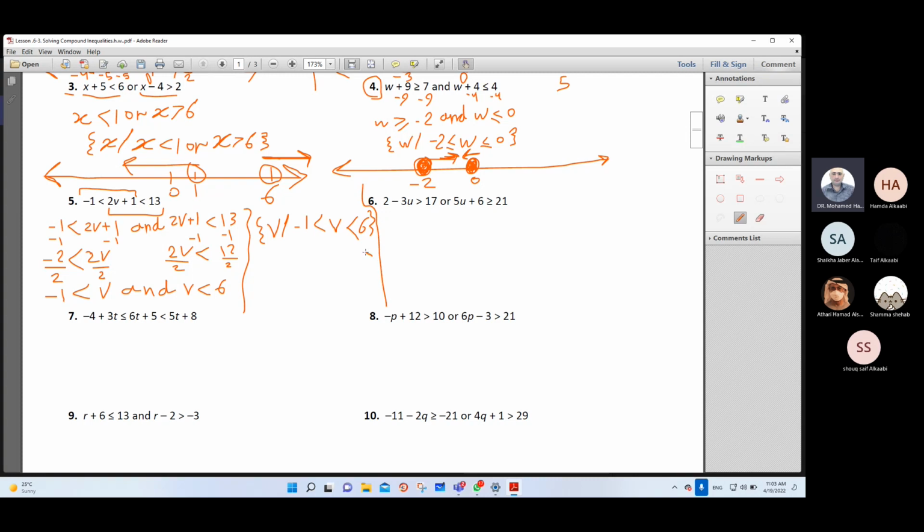And the graph: this is 0 here in the middle, represent here minus 1, and this is here 6. We don't have sign equal here, so use open circle here and open circle here. Then v greater than negative 1 to the positive side, and v less than 6 to the negative side. So this is the intersecting solution.